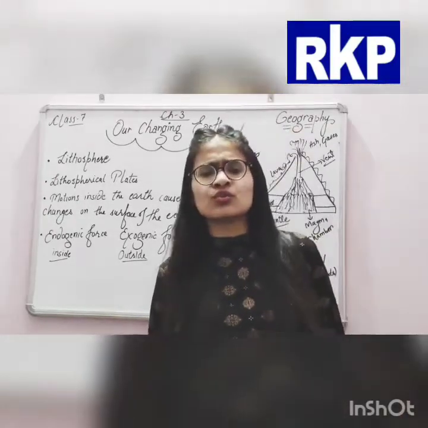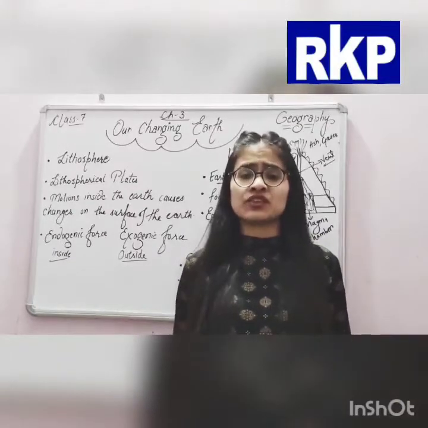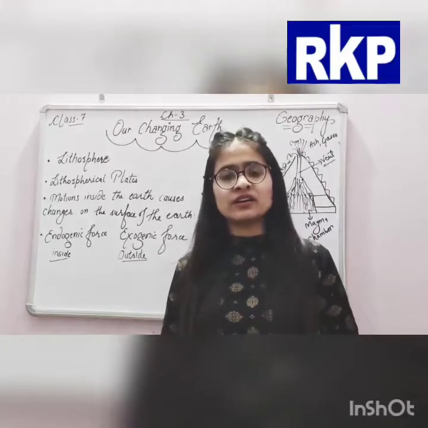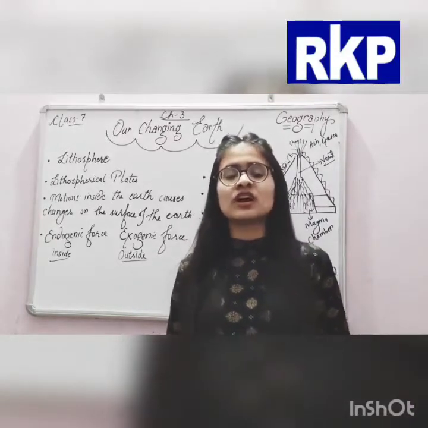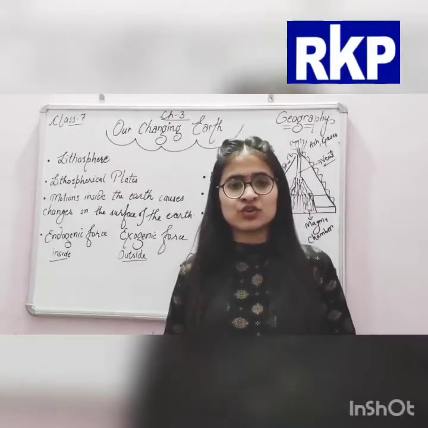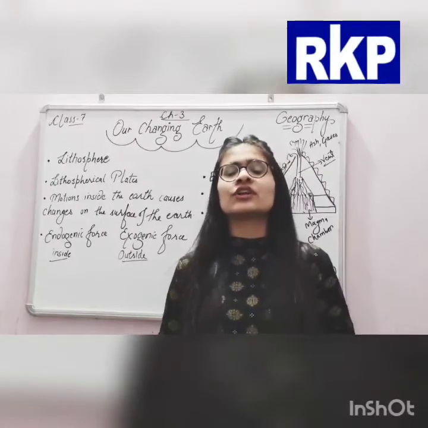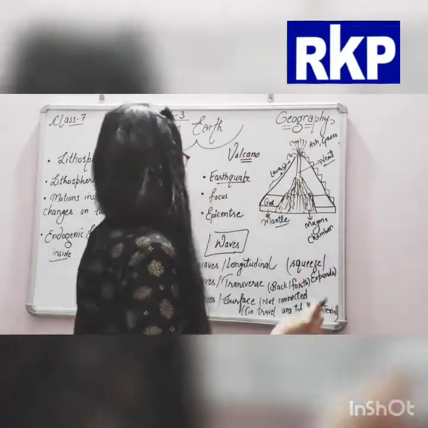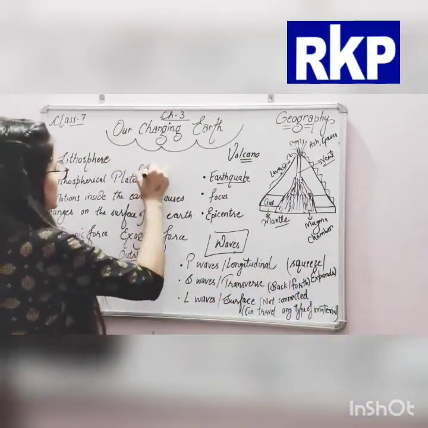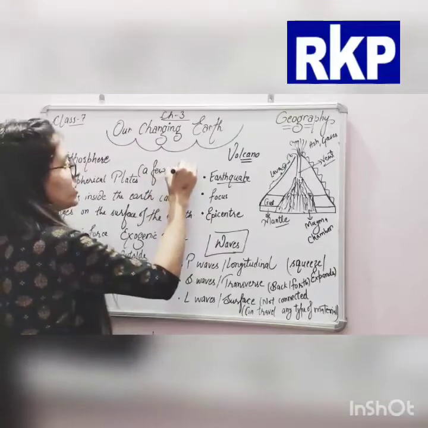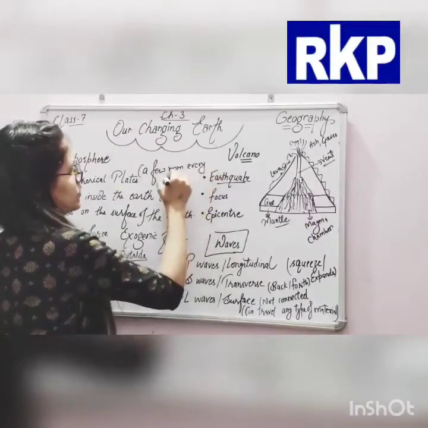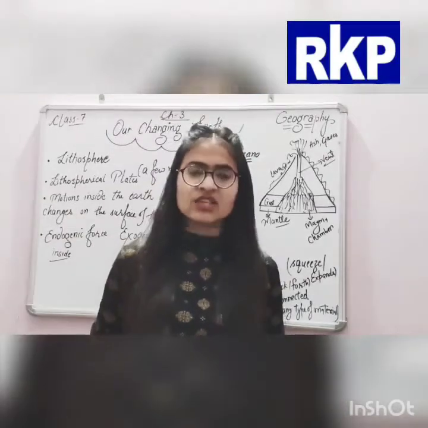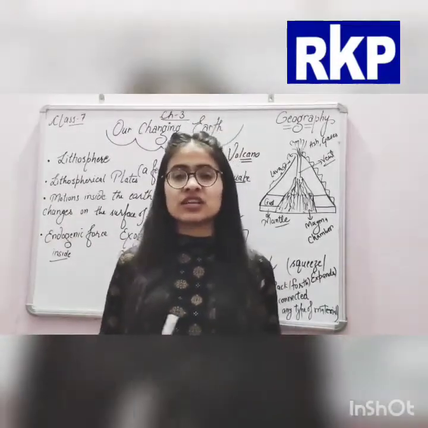Now, do you know that these lithospherical plates move slowly inside the earth? They move around very slowly, a few millimeters every year. So we can say that right now they are still in motion.